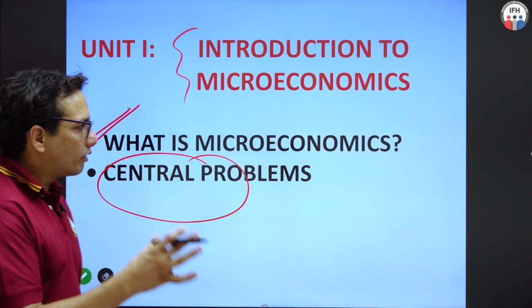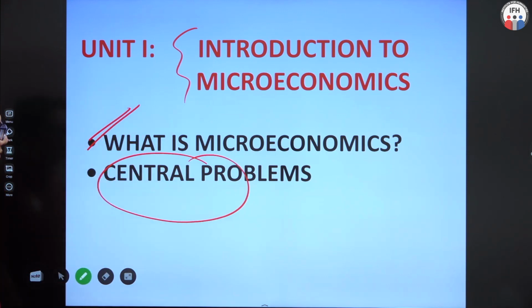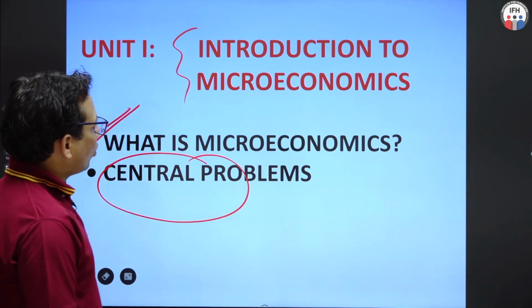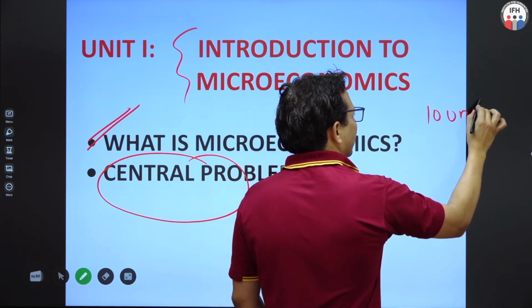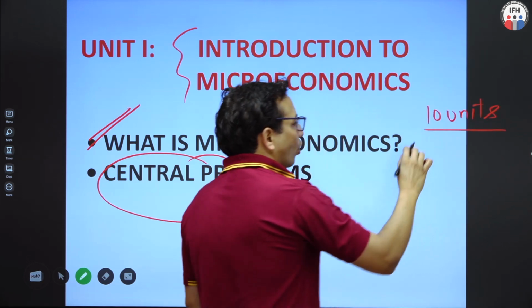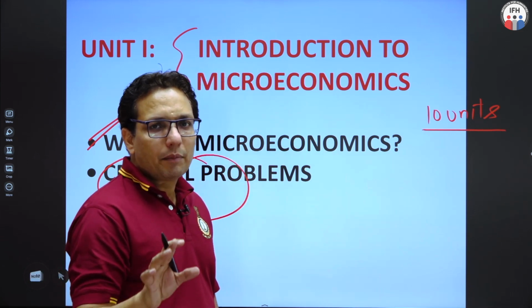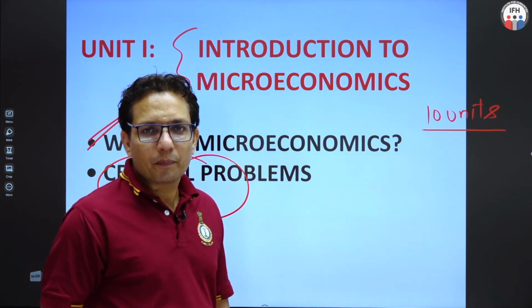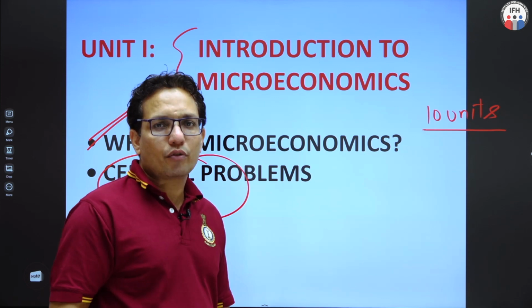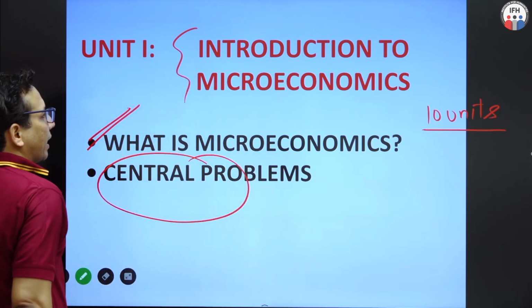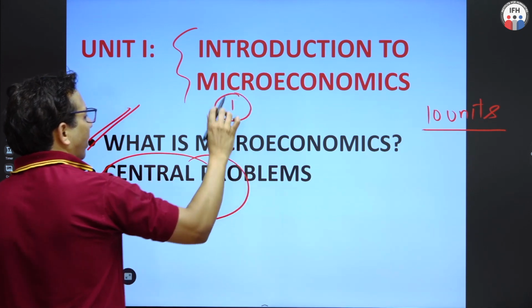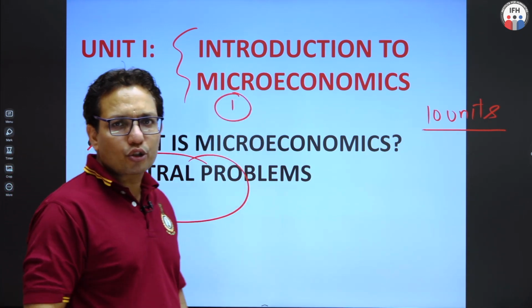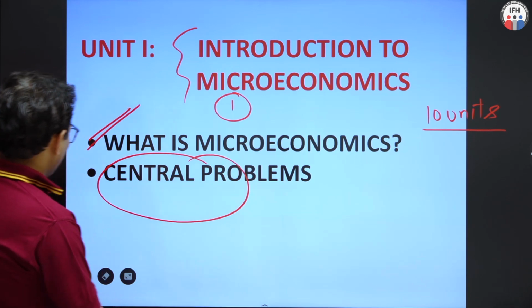All these questions will be taken up in this section. In total there are 10 units, but obviously questions will not be divided among all the units equally. Some units will contain more questions. From this introduction unit, I am expecting only one question.